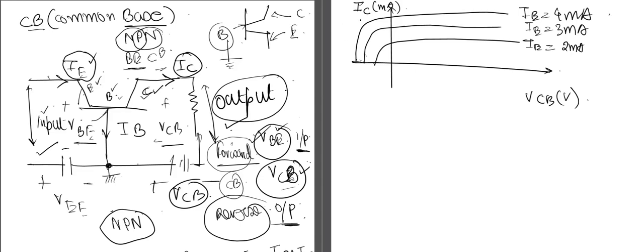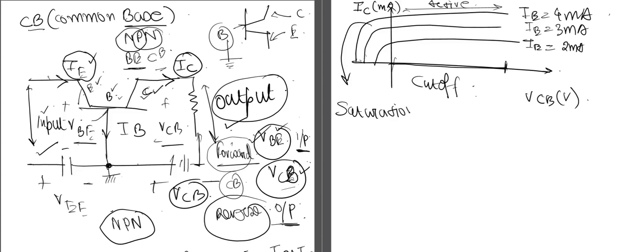This particular region of the curves where the value of IC is 0 is the cutoff region. This is the active region, and this particular region is the saturation region.